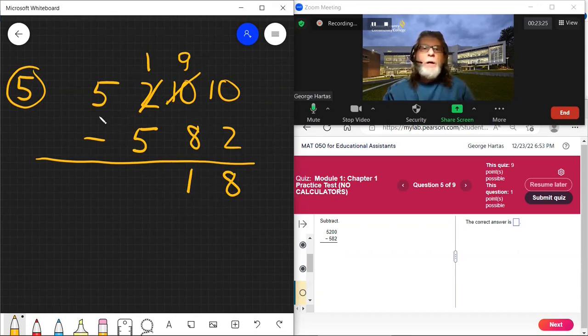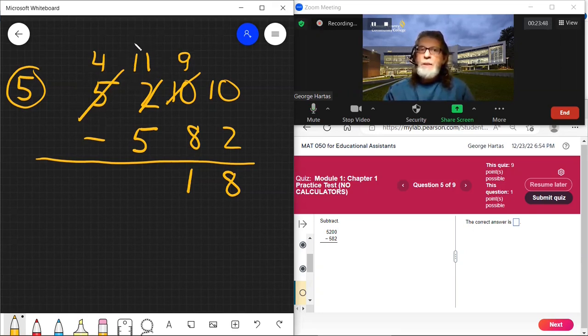Here we have 1 minus 5. Well, we cannot do this, correct? Because this is too small for 5. So we got to go to the digit to the left, borrow. The 5 becomes a 4. The 1 that we borrow from here goes in front of this 1, and this becomes an 11 now, 11.